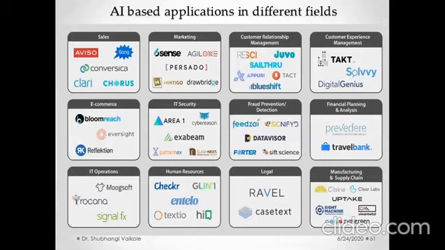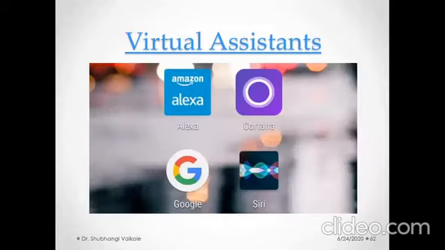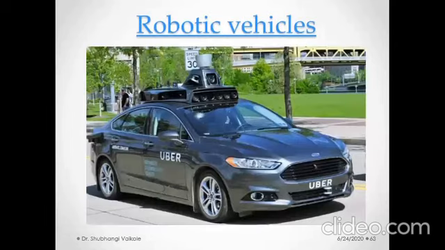There are various AI-based applications in different fields. Virtual assistants: if you take the examples of Amazon Alexa, Google, Cortana, Siri, these are virtual assistants that make use of artificial intelligence. The next one is robotic vehicles.